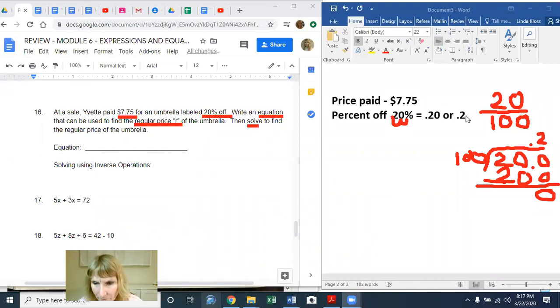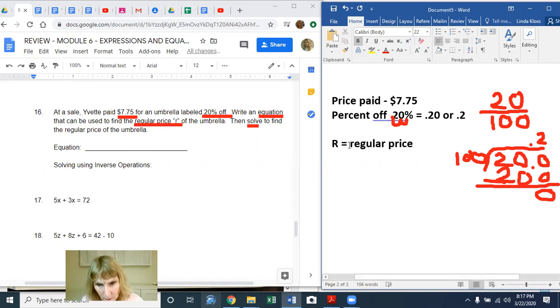Now let's go on. Let's try to write our equation. Well, we know we have R, and that equals the regular price. And I'm going to make that a small r. Like I said, variables, I might have said this in a previous video, are usually small letters. So r is the regular price. So we know that we have to take the regular price of the item and subtract out the discount, right?